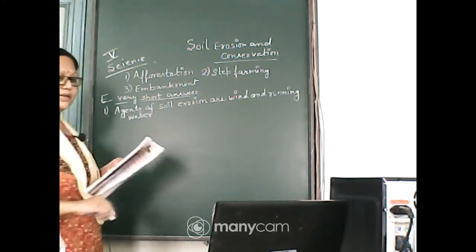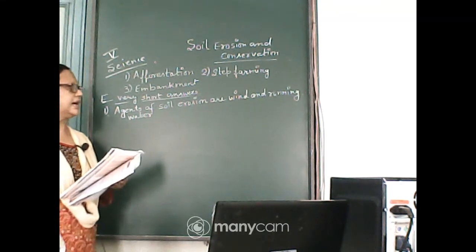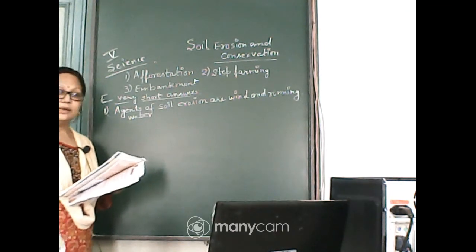So the answer is: agents of soil erosion are wind and running water.